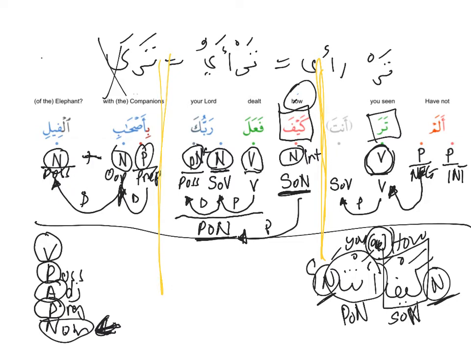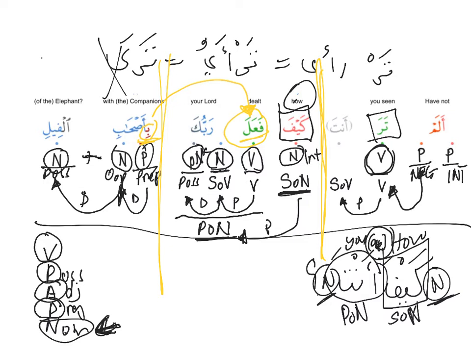So if, after the disconnection, you see a particular preposition, for example, you bring it back to the verb that is related to it. So this goes back to fa'ala, the verb before it. So what your Lord dealt with, so dealt with is the linking verb to the preposition.